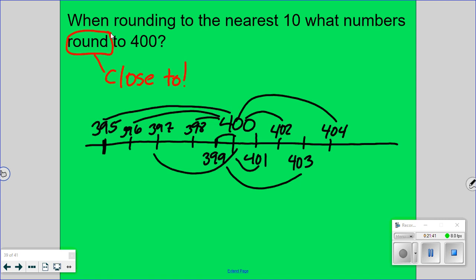Would 400 go to 400? Yes. 401. Yes. 402. Yes. 403. Yes. 404. Yes. 405? No, because that would go up. Tricky question, but is it actually that tricky? No.